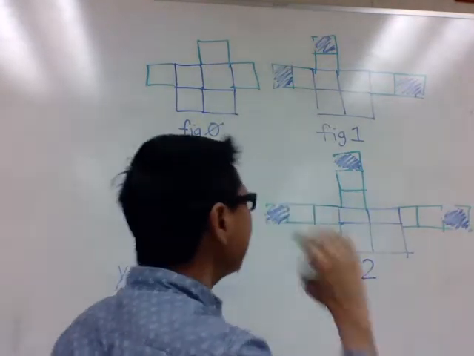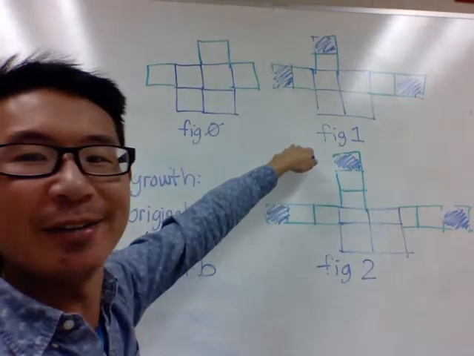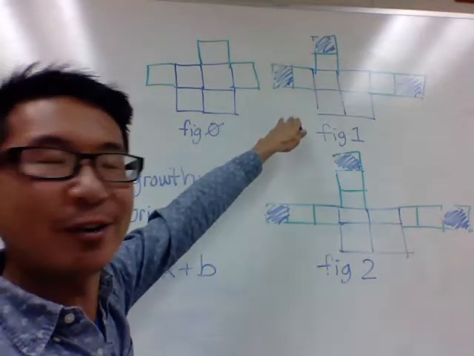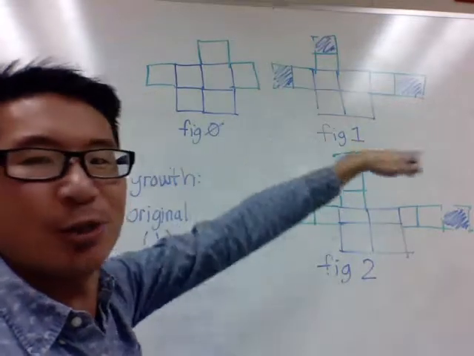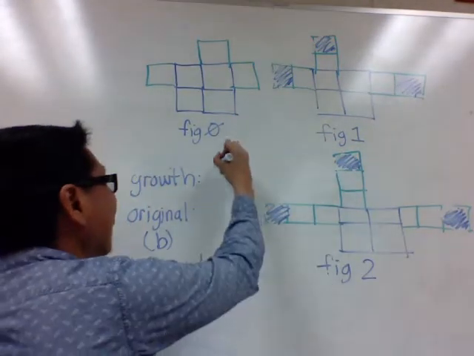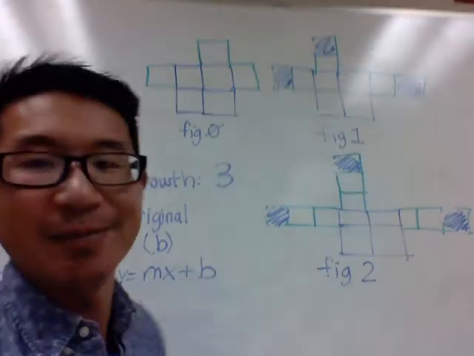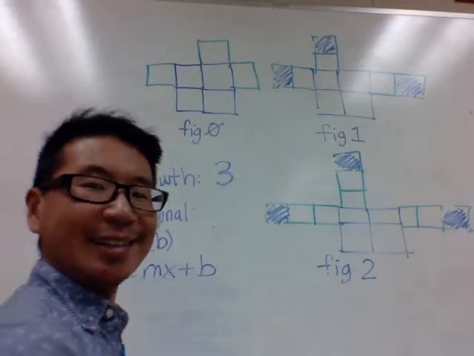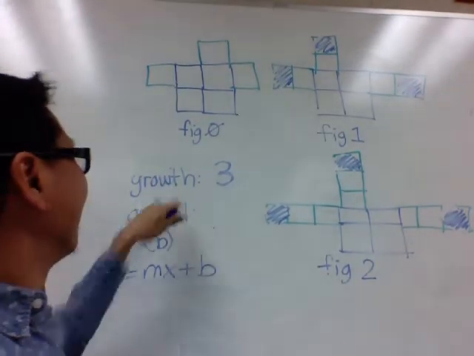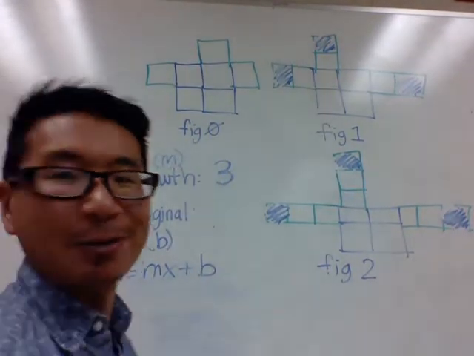So I can determine based on this that in the pattern, every single new figure has 3 new blocks. So the growth is 3 for every figure. The growth is 3, also known as m, in the formula y equals mx plus b.